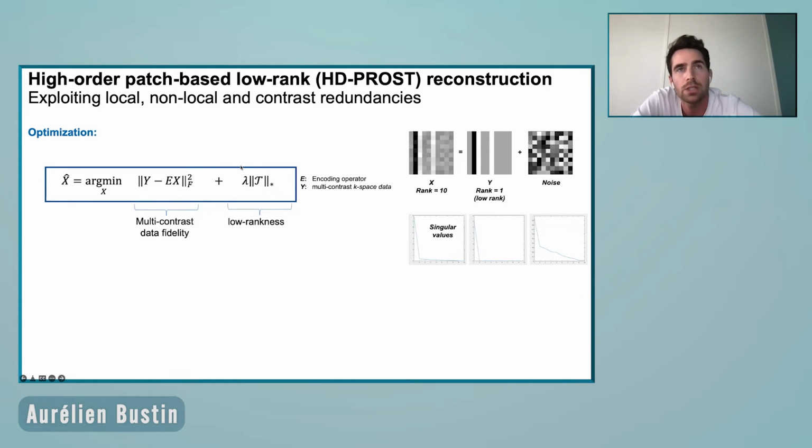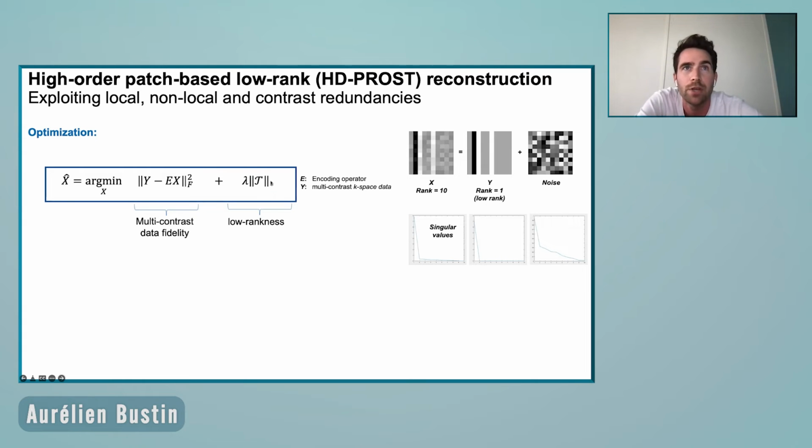And so what we want in this type of optimization is to minimize not the total variation, but to minimize the rank. Unfortunately, the rank is what we call an NP-hard problem. And so there is very little hope that we can find a global minimum. But there is a solution where we can approximate the rank function with some other surrogate function like the nuclear norm.